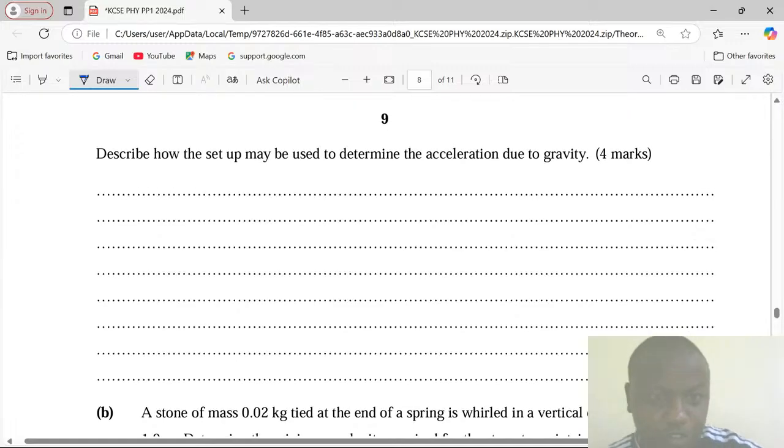What's the question talking about? Describe how the setup may be used to determine the acceleration due to gravity.